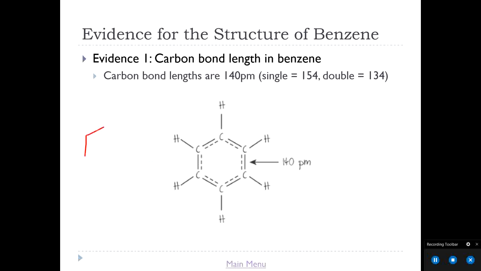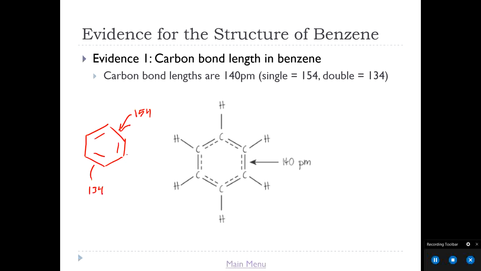So if we had our benzene structure with our alternating double single bond rings, we would see these single bonds be 154 picometers, and the double bonds would all be 134 picometers. And as it alternated, we would be able to detect this, and the bonds would be constantly shrinking and growing in length, causing benzene to kind of fluctuate.